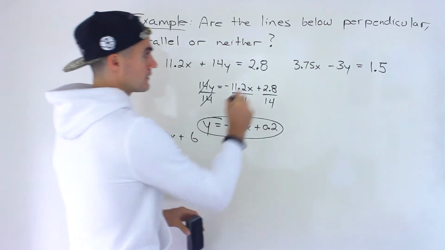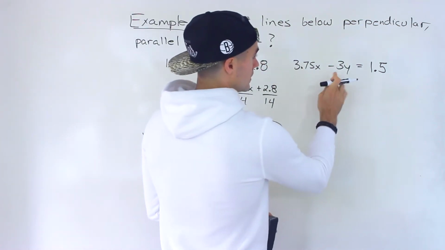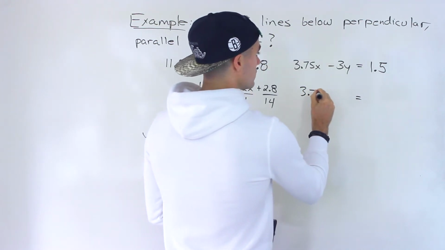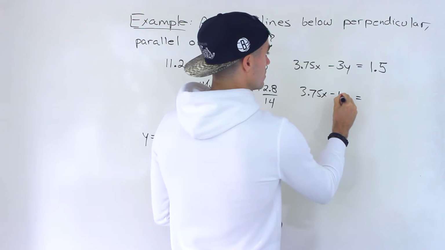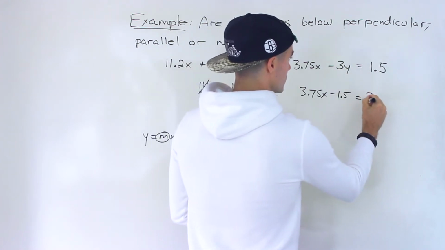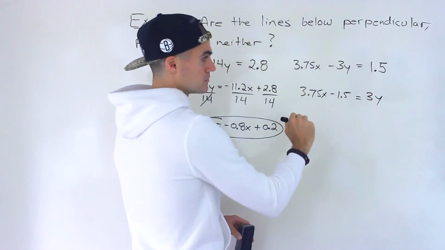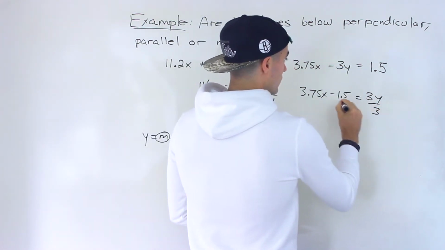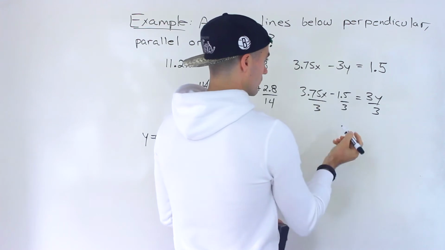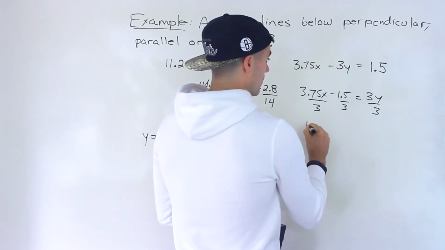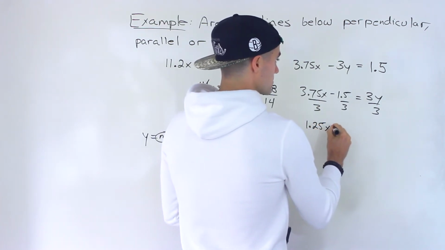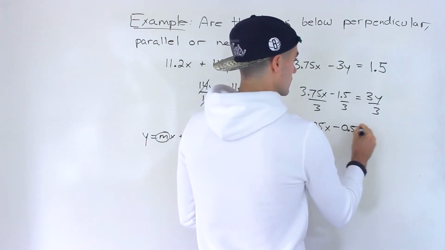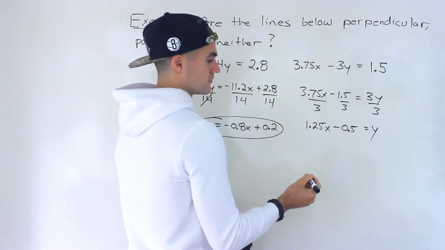So that's one line. Over here, if we do the same thing, because this is a negative, I'm going to bring it over to the right side. I usually like to make sure that the coefficient I'm going to be dividing by is positive. So the 1.5 I brought over, and then divide everything by 3, and we would end up with 1.25x minus 0.5, and then we have y.